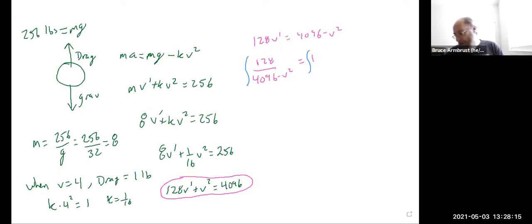Okay, so here's what my T89 gives us. We're going to get the natural log. Go back a page. So we get the natural log of v plus 64 over v.